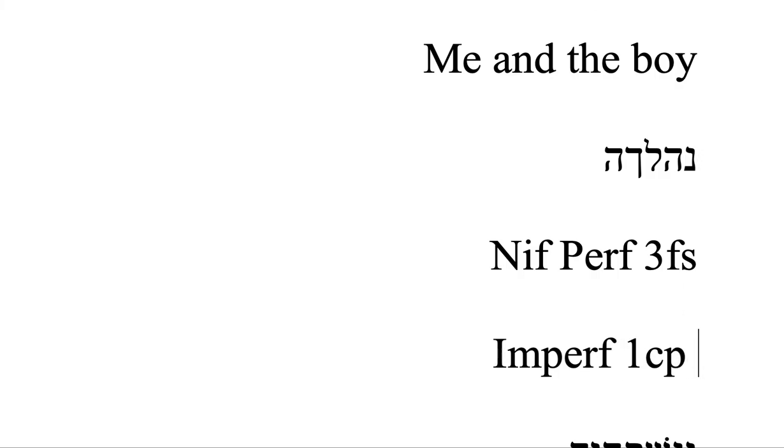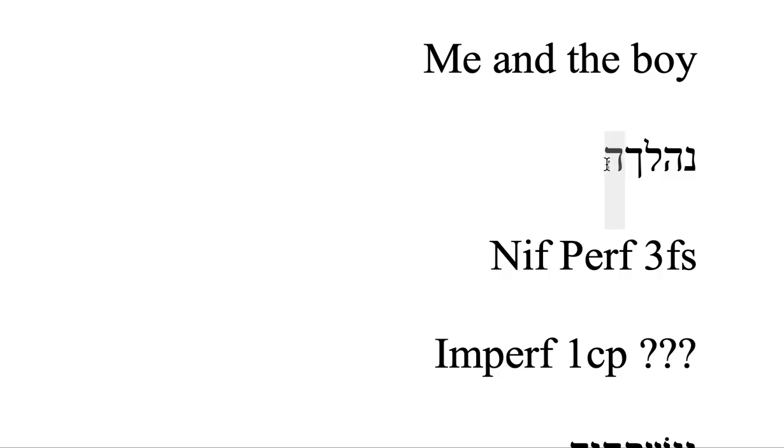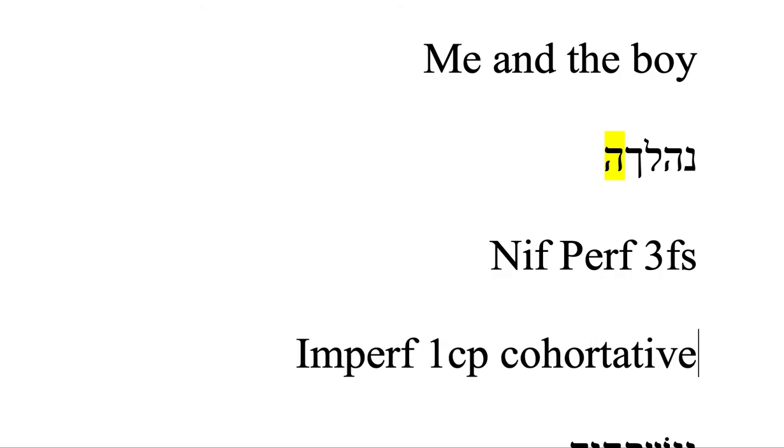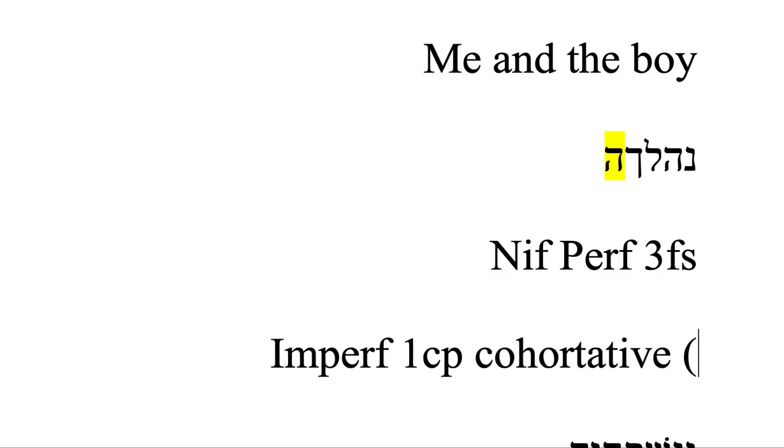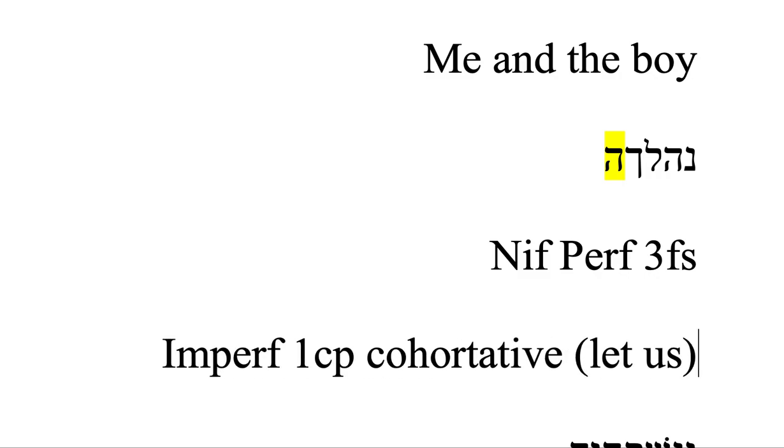Then the question is, what is that final he? And in the imperfect, we do have final he that sometimes shows up, and that is cohortative. If you don't remember what that is, make sure to watch the lectures or review the cohortative, jussive and imperatival. Translation is something like let us, right? It's an expression of a wish or a desire.